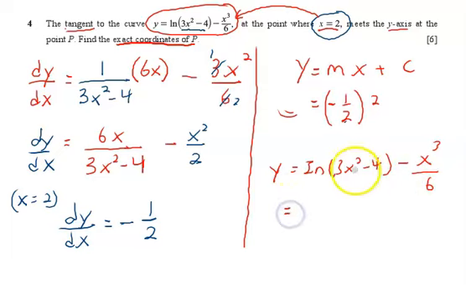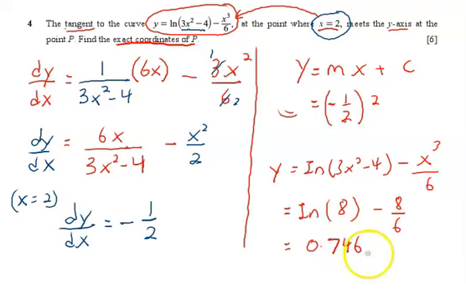You can put the values in your calculator. 2 squared is 4, 4 times 3 is 12, minus 4 gives 8, and 2 to the power of 3 is 8, over 6. So this will be equal to 0.746. This is the y.